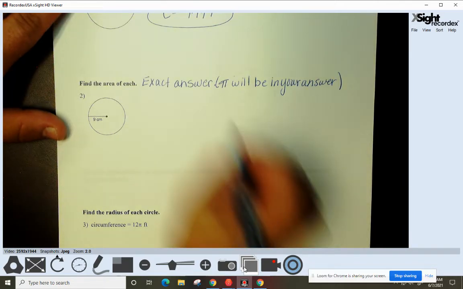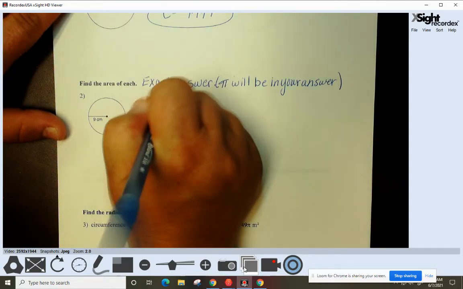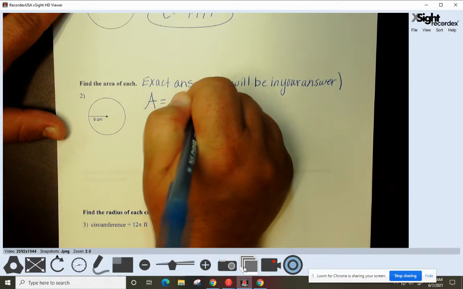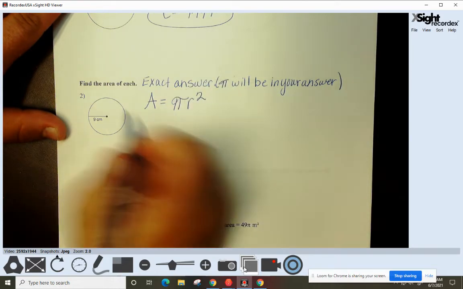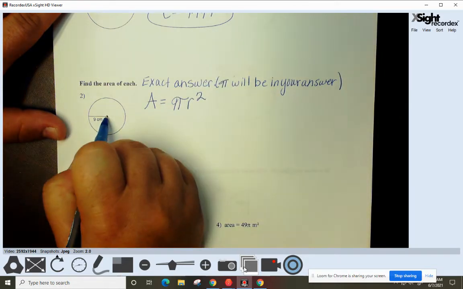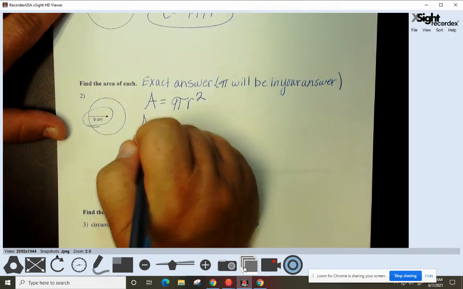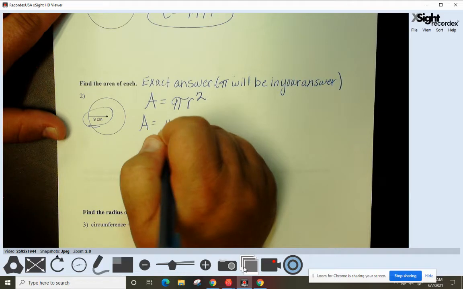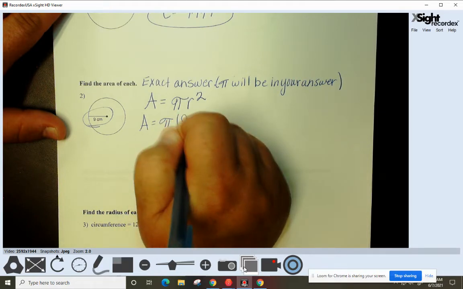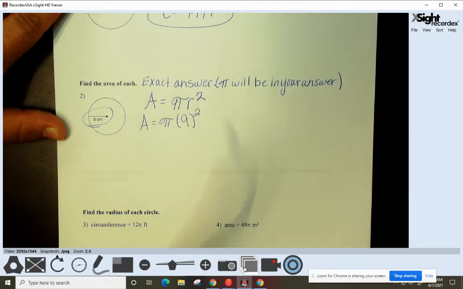So now when I do the area, it is pi r squared. So I'm going to go to my picture. Remember that radius goes from the center of your circle to any point on your circle. So my area is pi, my radius is 9, and I'm going to square.